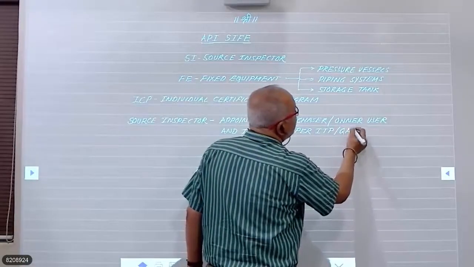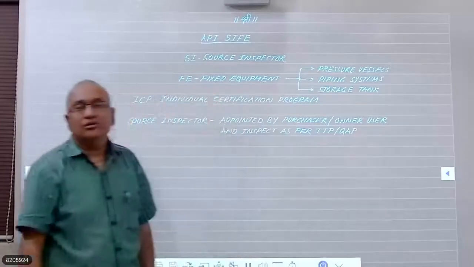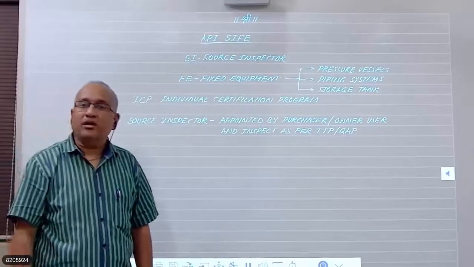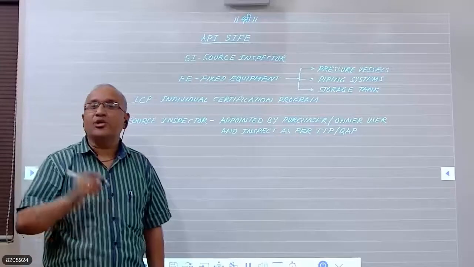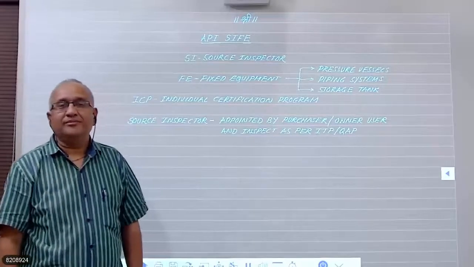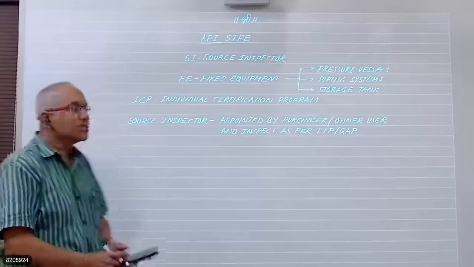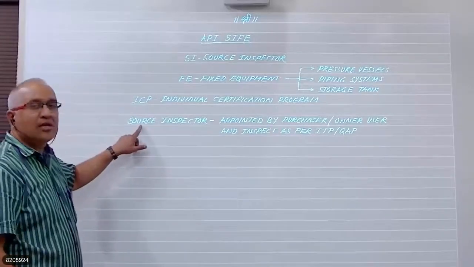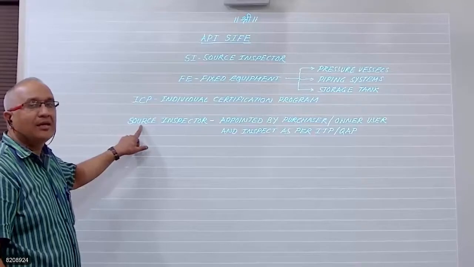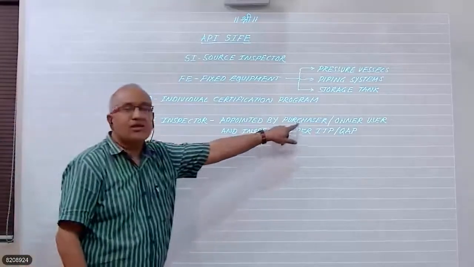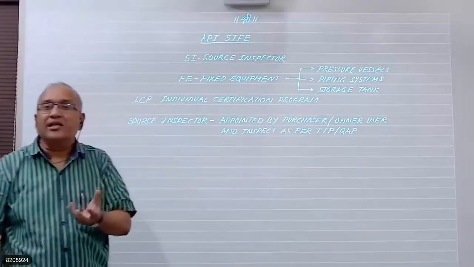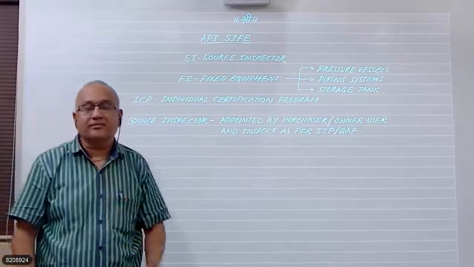So very importantly, he has to follow ITP or QAP, Quality Assurance Plan. And why the word source there? Source is typically the vendor of the purchaser or owner user from which they do the sourcing.